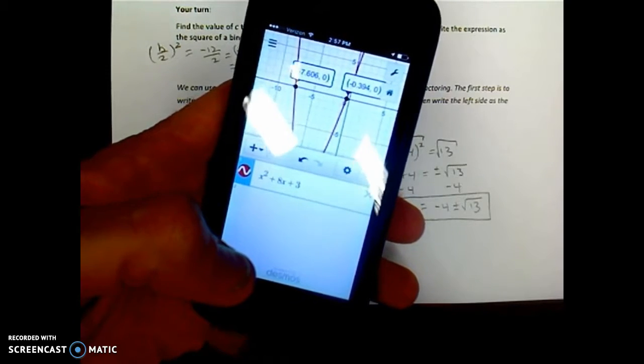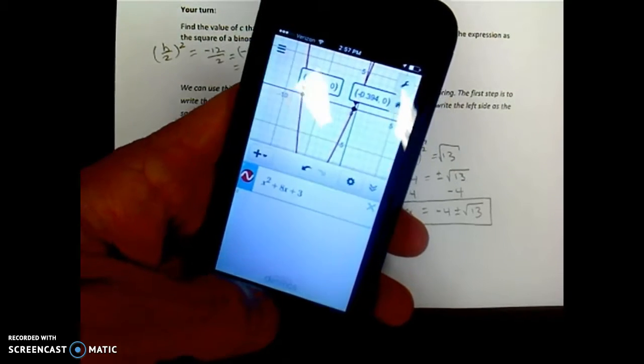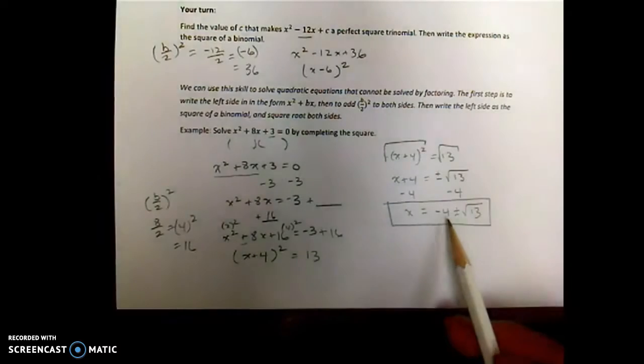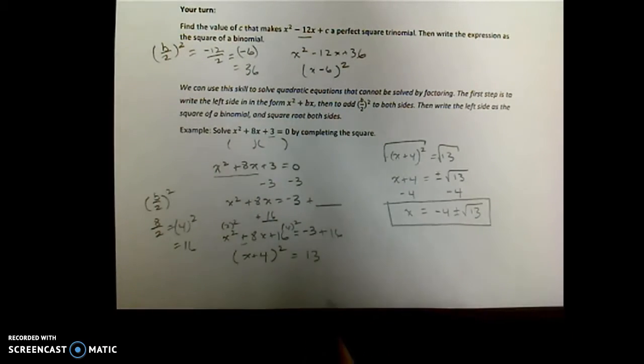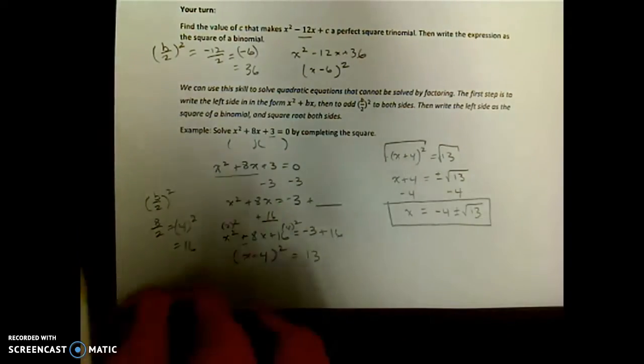Negative 0.394, negative 7.606. And I challenge my students to go ahead and take out their calculators and punch in negative 4 plus square root of 13, negative 4 minus square root of 13, and they saw it, they matched up with those approximate decimal values. They could see that this is the solution to that quadratic.